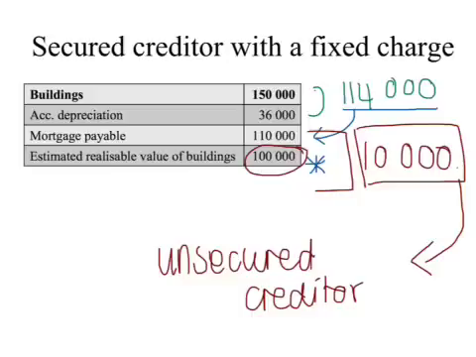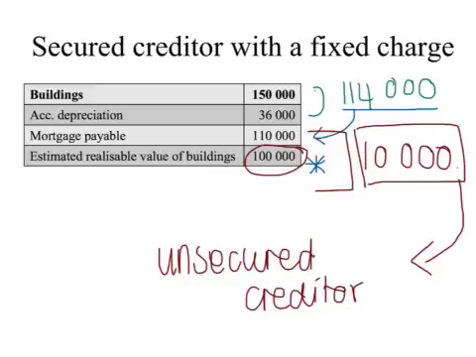So we have our secured creditors with a fixed charge, thereafter our secured creditors with a floating charge, then any preferential unsecured creditors, and then together with our other unsecured creditors, this extra portion or extra claim will be proved.